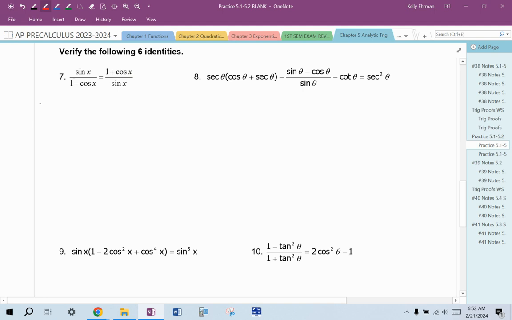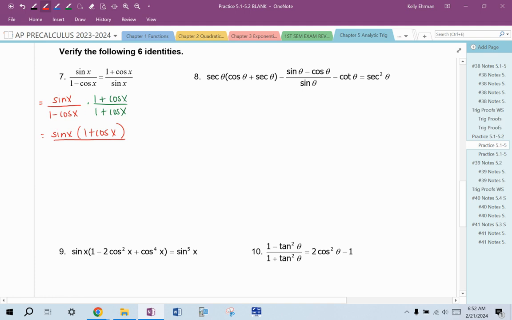So I'm going to begin on the left side. And my first step, when I have a fraction with sines and cosines and no identities in sight, is to multiply by a conjugate. So I'm going to multiply by 1 plus cosine x over 1 plus cosine x. That's going to make this sine x times 1 plus cosine x. Remember, the trick is don't actually distribute the non-conjugates together.